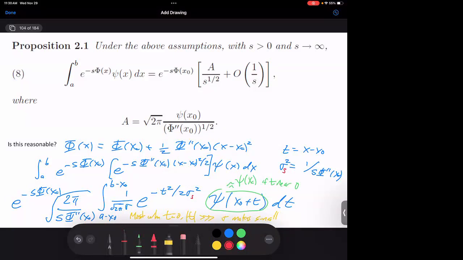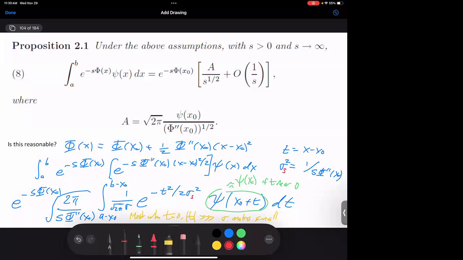But morally, what's going on is our conditions tell us, look, in a small neighborhood of x naught, this is what the function big phi looks like. And as soon as you move a reasonable distance away from x naught, we have an e to the negative s times phi of x. That negative s going to infinity is going to kill the integrand.